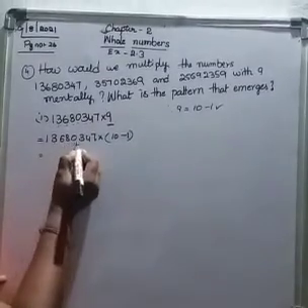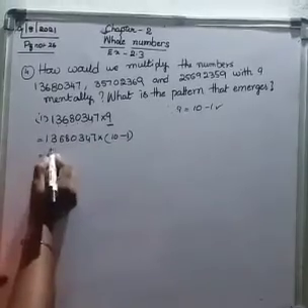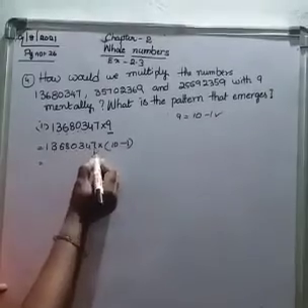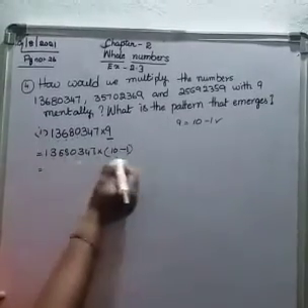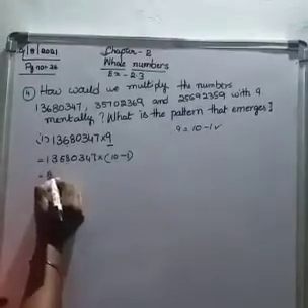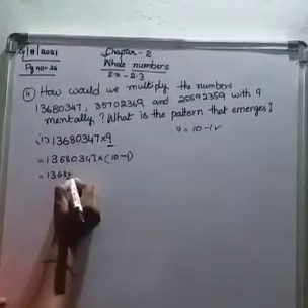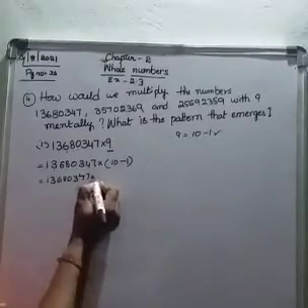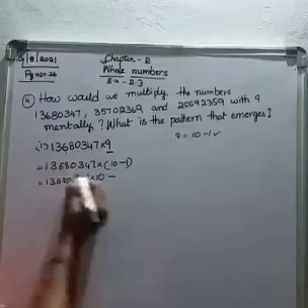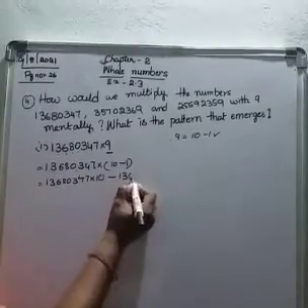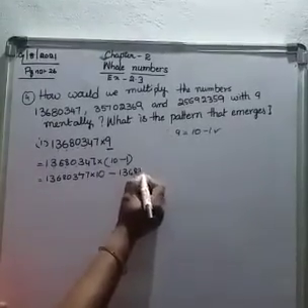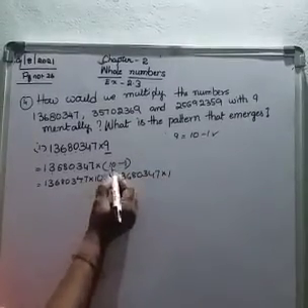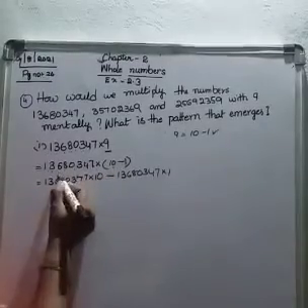This number is read as 13 crore 6,80,347, into 10 minus 1. So separate this like: 13 crore 6,80,347 into 10, and 13 crore 6,80,347 into 1.